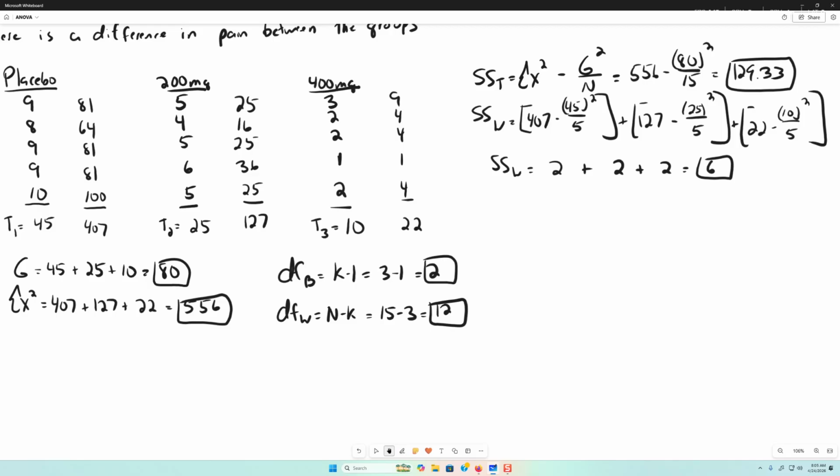But we can do the calculation just to show you how to do the calculation for between.